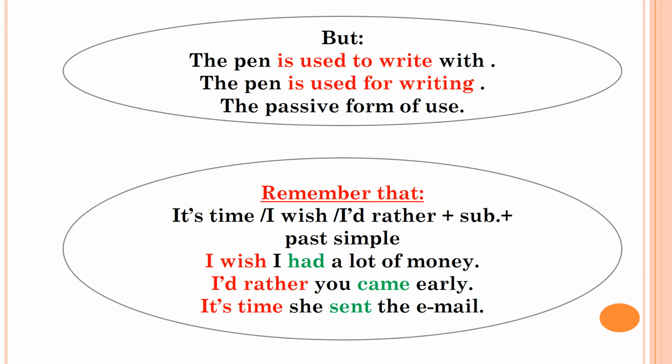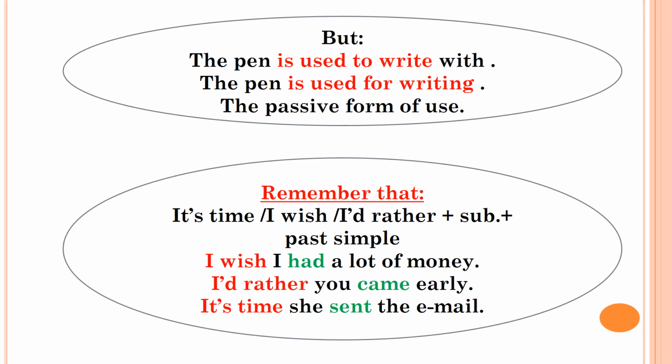But when I say the pen is used to write with, or the pen is used for writing, here used to does not mean معتاد على, but it's the passive form of use.